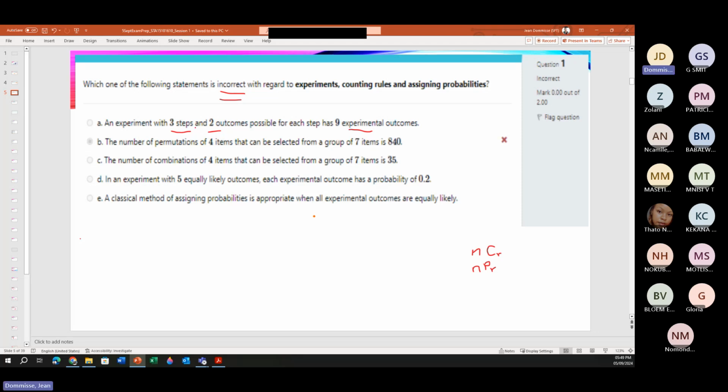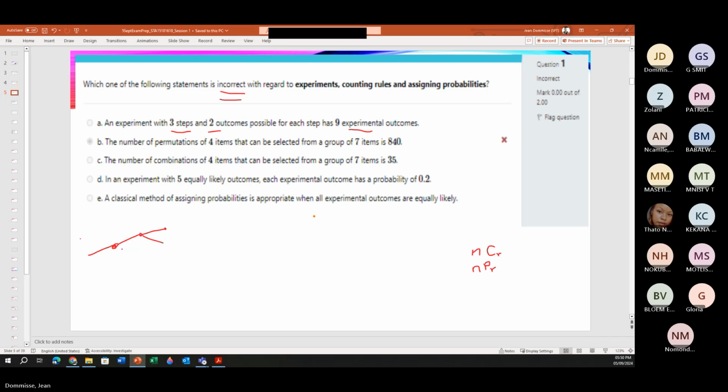Another way of looking at this one is to say: experiment with 3 steps and 2 outcomes possible. So experiment with 3 steps. There's 1 step. There's 2 steps. There's a 3rd step. Okay.